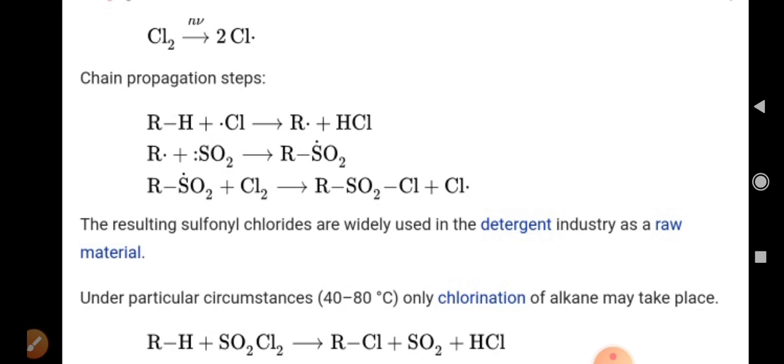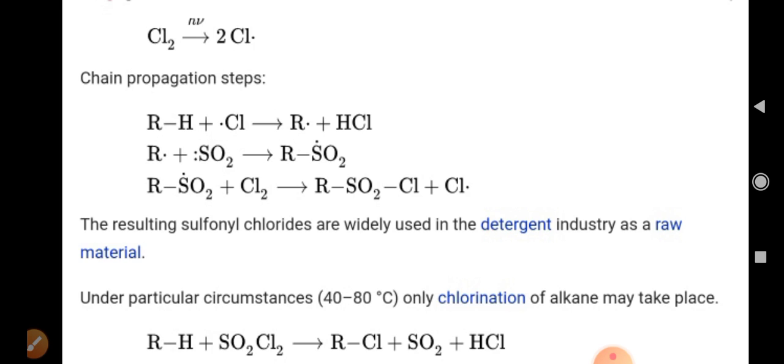Then one electron is left after bond breaking of C-H. Hydrogen with one electron forms HCl with one electron of Cl, and one electron remains on the alkyl group, that means it is formation of alkyl free radical.